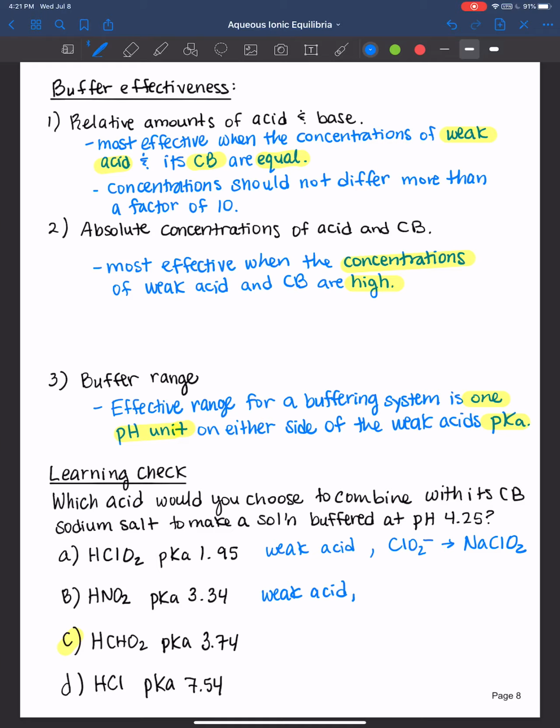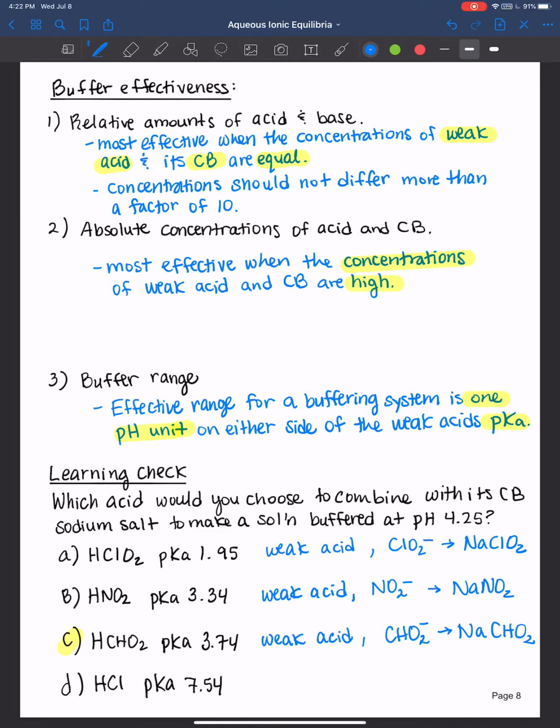And then its conjugate base would be the nitrite anion. You'd purchase it as sodium nitrite. And we have a weak acid here as well. We're looking at formic acid, and then formate, you would purchase that as sodium formate.